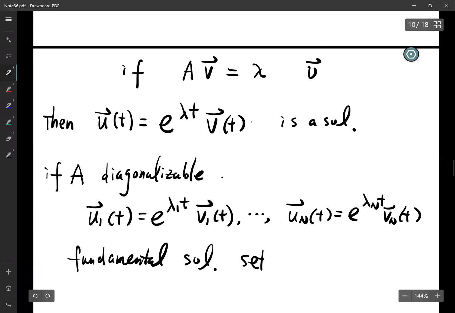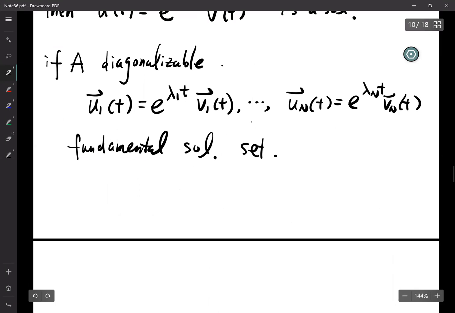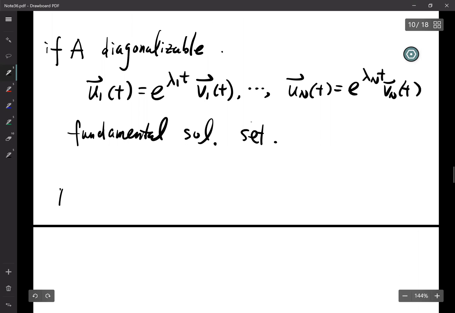So that you give me any initial condition, I have a fundamental solution set. I just do a linear combination and solve it. Sounds a little bit abstract, but what we're going to introduce next, called the method of separation of variables, is exactly this.